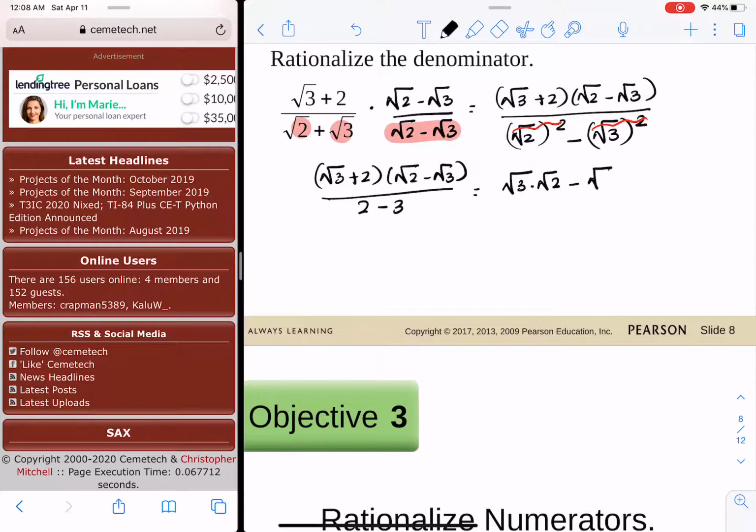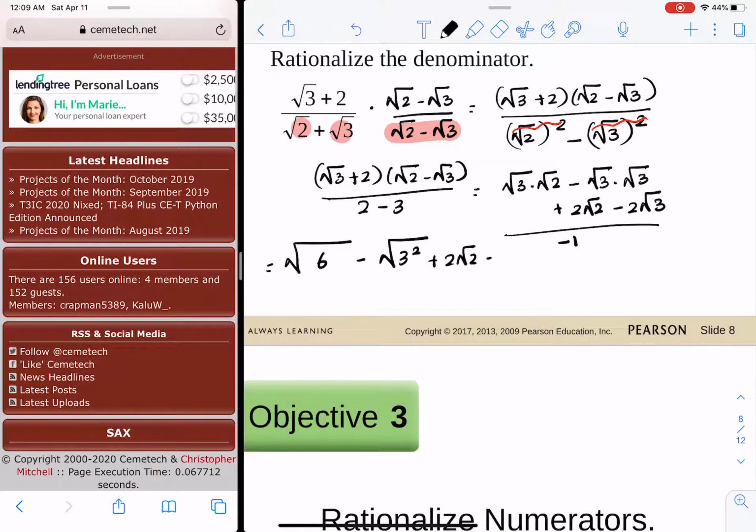Then we have square root of 3 times square root of 3 plus 2 times square root of 2 minus 2 times square root of 3 divided by negative 1. If I combine the first set of roots, 3 times 2 would be 6. The second, we have 3 times 3, which is 3 squared, plus 2 root 2 minus 2 root 3 divided by negative 1.